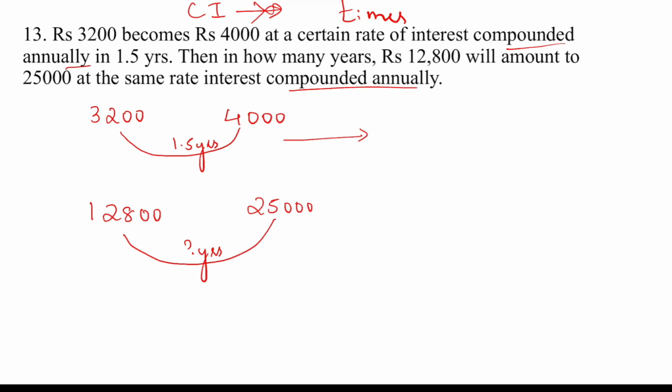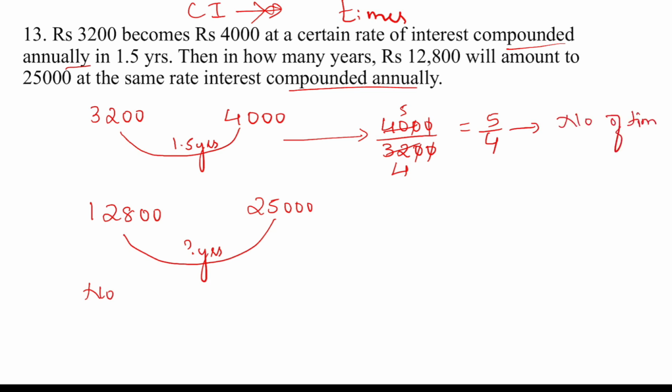We have to divide 4,000 by 3,200, which will give us how many times it is multiplying. So it is 8 4s are 32, 8 5s are 40, so it is 5 by 4. Okay, and here this is the number of times it is getting multiplied.